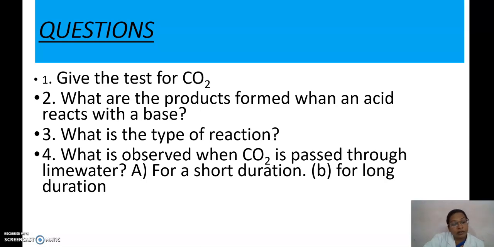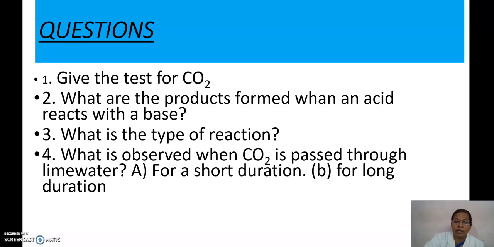Then next question, what is observed when carbon dioxide is passed through lime water for a short duration and for a long duration? For a short duration, when carbon dioxide gas is passed through lime water or calcium hydroxide, that solution becomes milky.